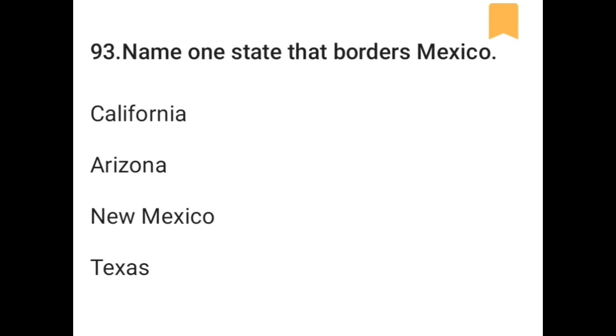Name one state that borders Mexico. California, Arizona, New Mexico, Texas.